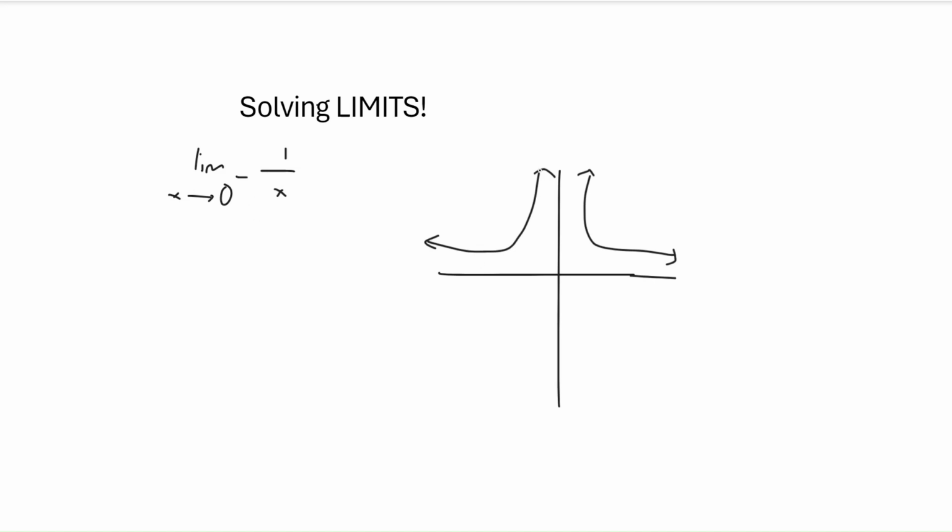Well, that would be, if we follow the graph from the left, positive infinity. And if we said from the right, well, that would also be positive infinity because they're both going the same direction.